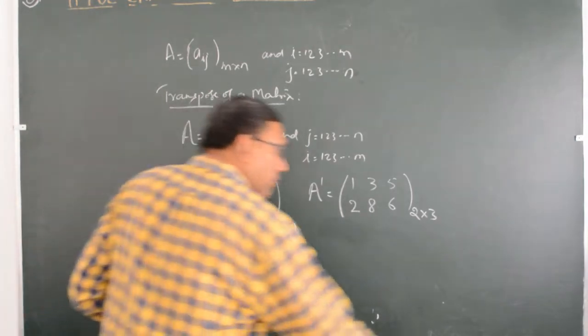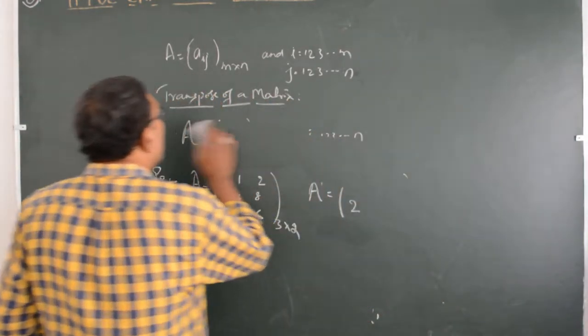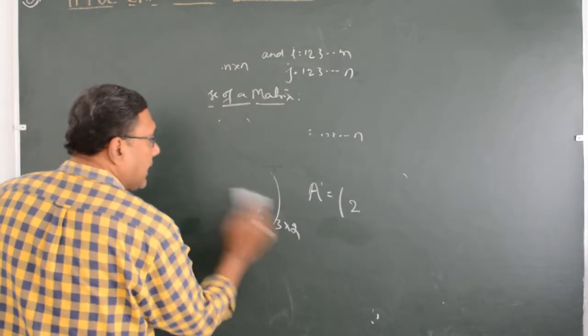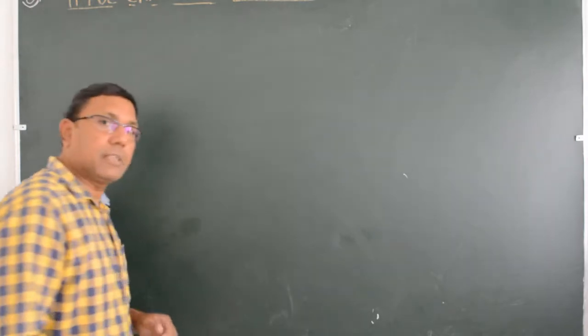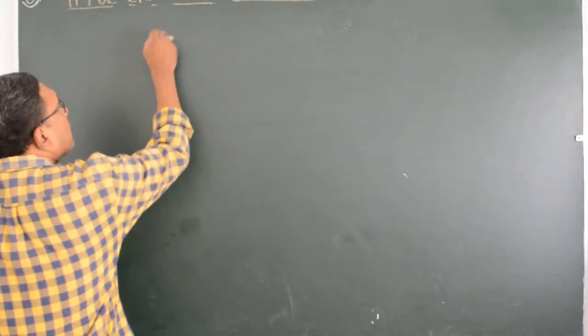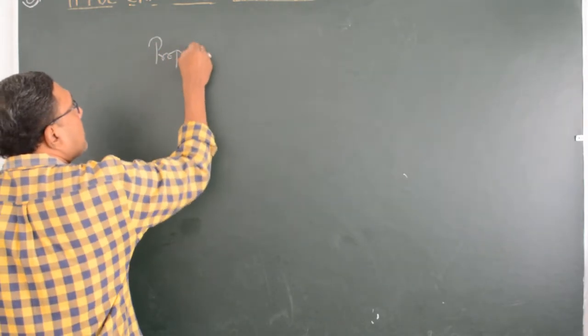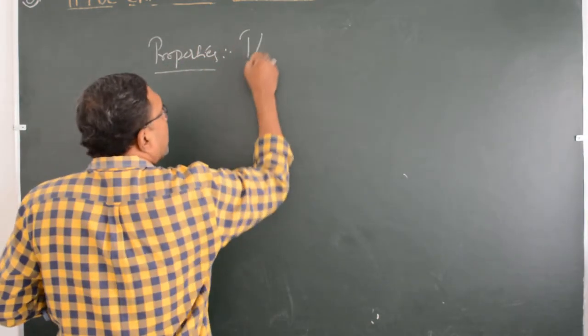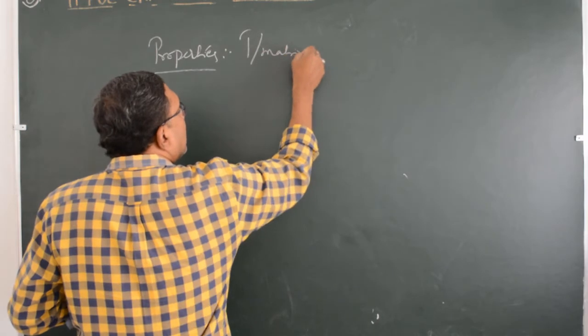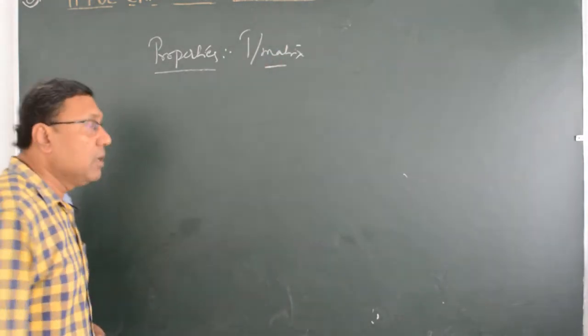We have some properties of the transpose of a matrix. Let us discuss the properties of the transpose of a matrix. There are about 4 properties.